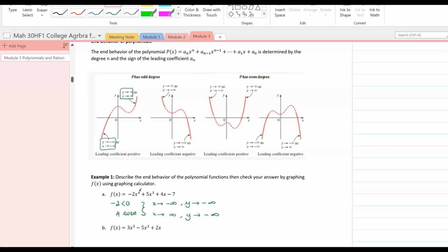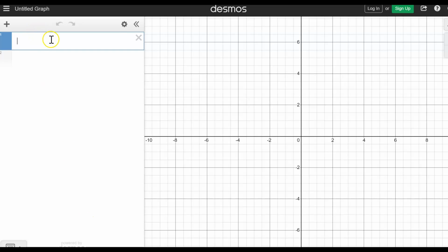And let's check this using the graph, and I will graph this using Desmos.